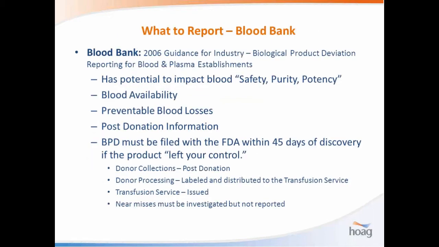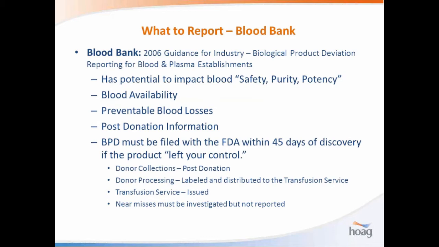Well, in blood bank, we refer to the 2006 guidance for industry on BPD reporting. And the definition we use is it has the potential to impact safety, purity, or potency. So if you put an incorrectly lengthy expiration date on a product, that would be one that would potentially impact safety, purity, potency.